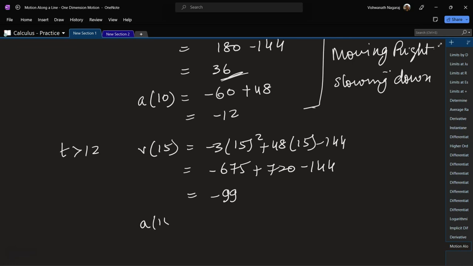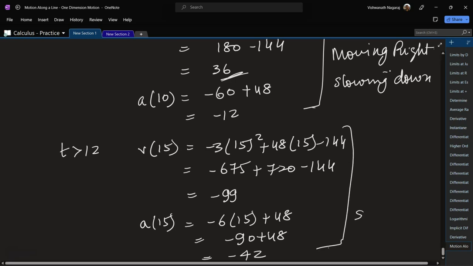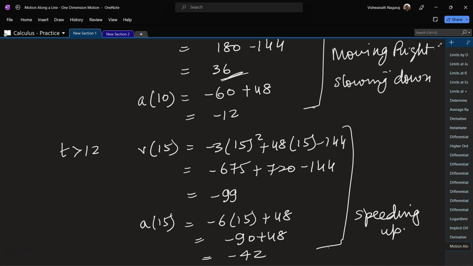Now A of 15 is equal to minus 6 times 15 plus 48. That is minus 90 plus 48, which is equal to minus 42. Both are negative, so speeding up, and velocity is negative, so moving left.